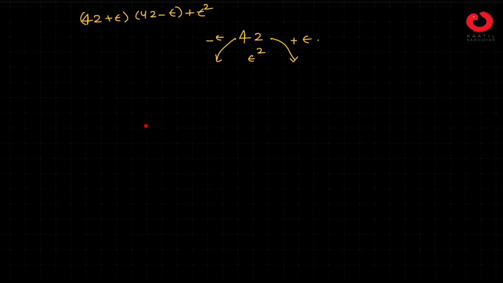Suppose I can see that if I reduce this by 2, then the multiplication will become easier. So if I put epsilon as 2, this 42 will drop to 40 and this will become 44, and then the multiplication of these two is very simple.